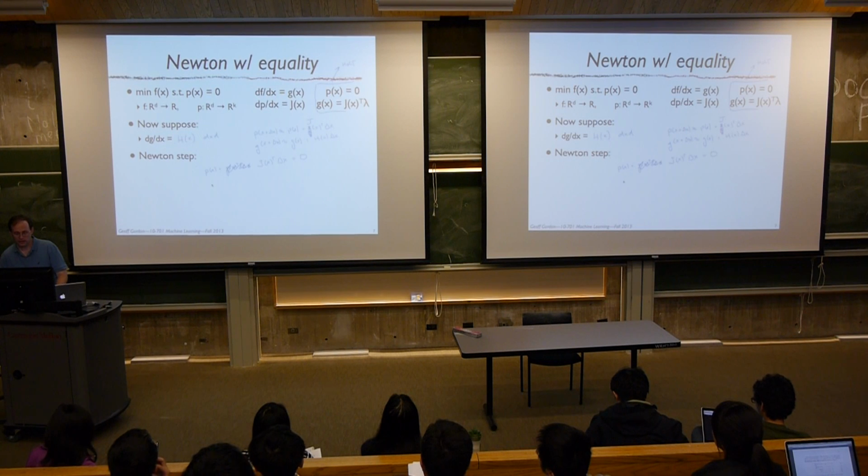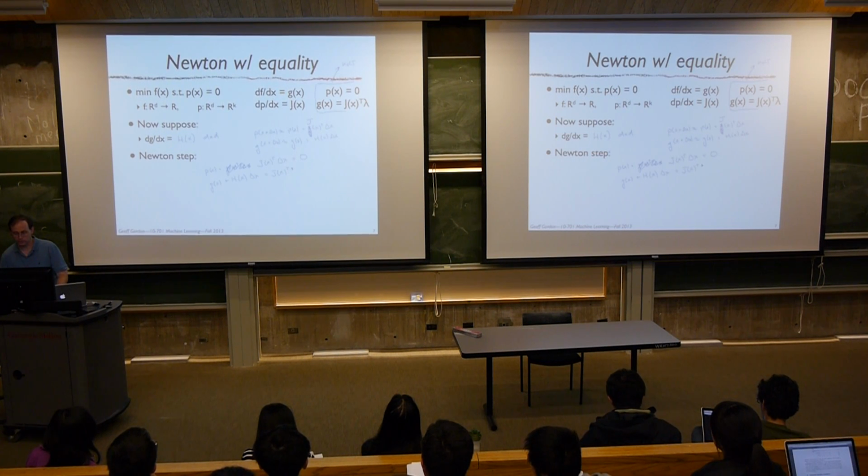And then g of x plus h of x times delta x should be equal to j of x transpose lambda for some lambda, right? And so I can collect those into a matrix, right?